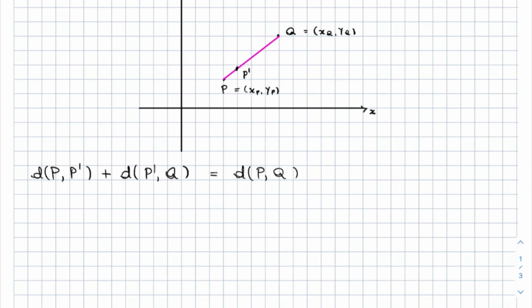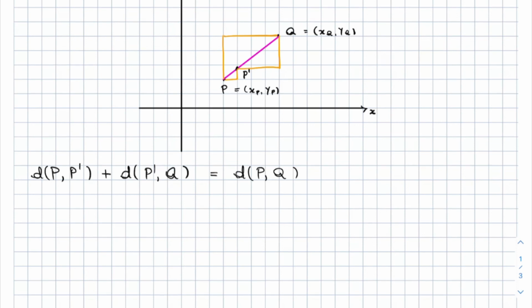However, instead of using square roots and computing the quantities explicitly, let us use the Pythagorean theorem to prove the equality between these 2 quantities. First of all, let me draw the right triangle whose hypotenuse is the segment connecting P and P prime, and the right triangle whose hypotenuse is the segment connecting P prime and Q. Notice that the segment connecting P and Q is the hypotenuse of another right triangle, which is the last one I've just drawn.